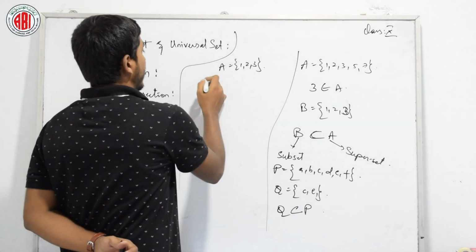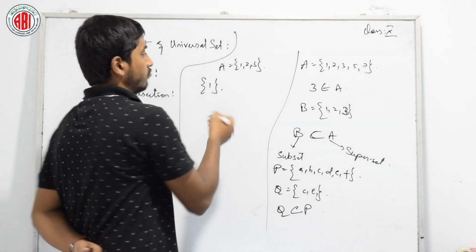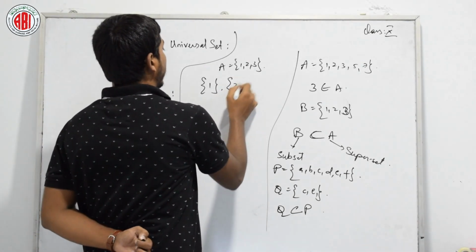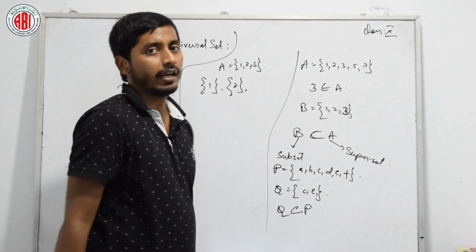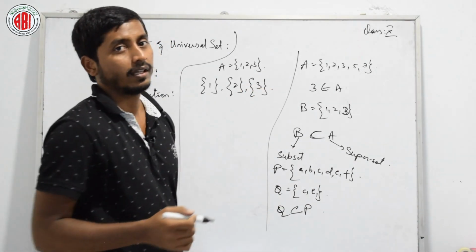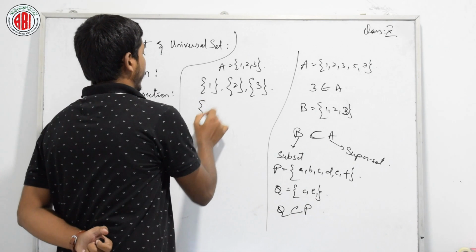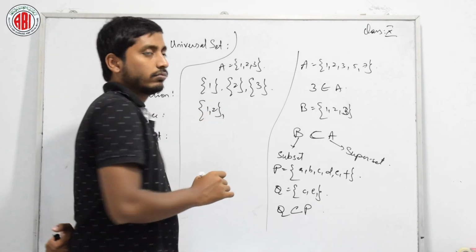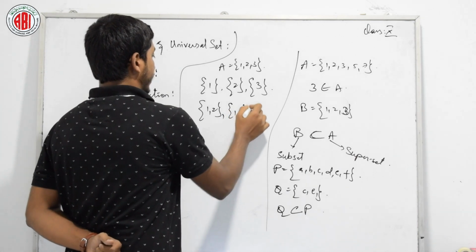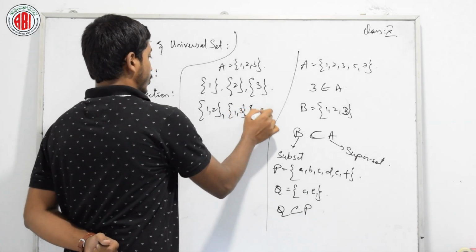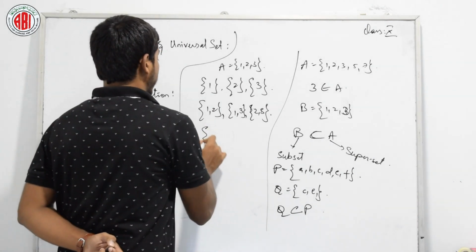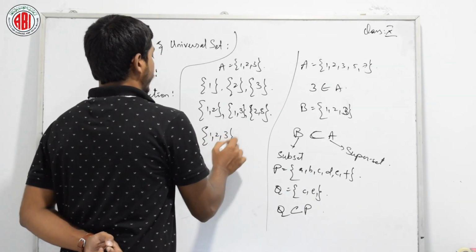I can get a single 1, a single 2, a single 3, then 1, 2, then 1, 3, and 2, 3. These are different sets.